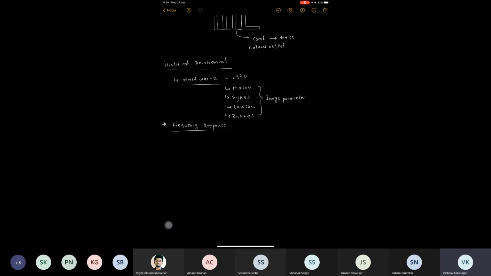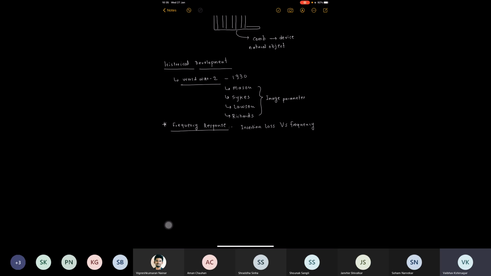Now, the most common way to plot the frequency response of the filter is by plotting the insertion loss. We'll come to the terminology of insertion loss later on, but for the time being, just understand insertion loss versus frequency. This plot of insertion loss versus frequency is what we call the frequency response typically exhibited by the filter circuit.